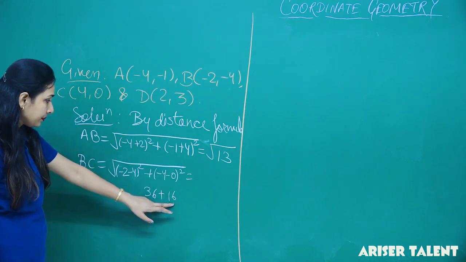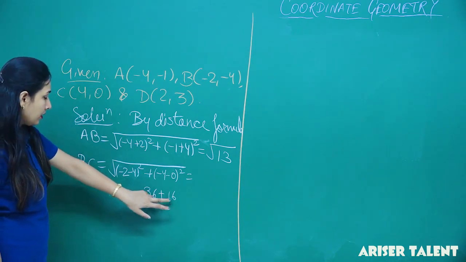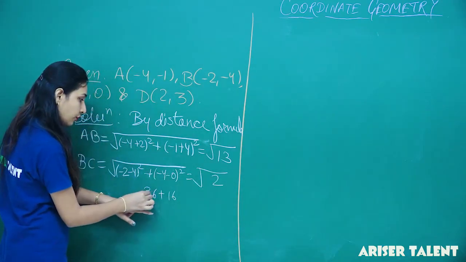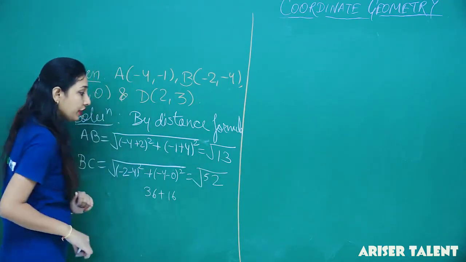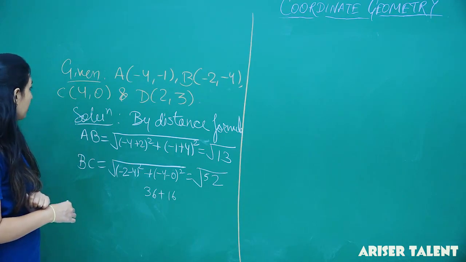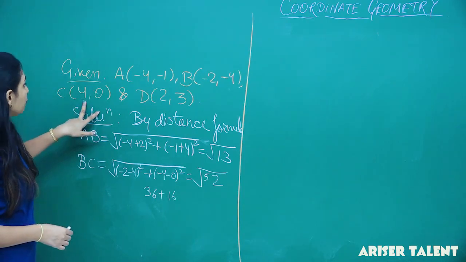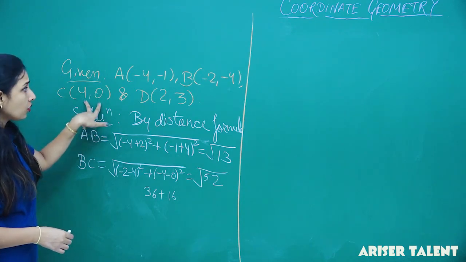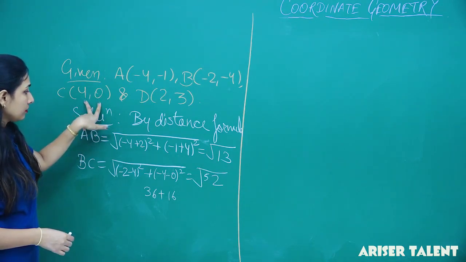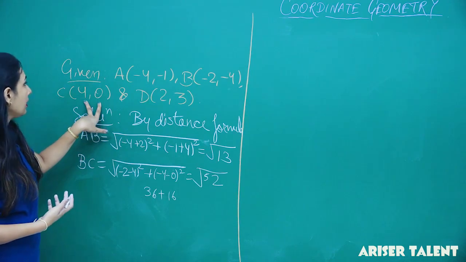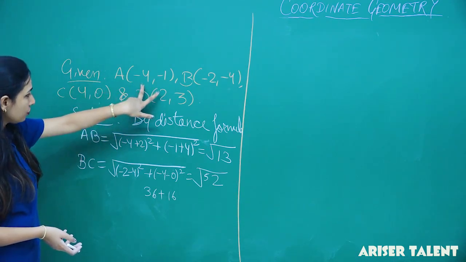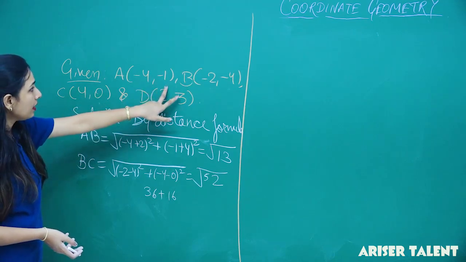So that will be root of 52. B is (-2, -4) and C is (4, 0). Here 16 and 36, and for the other, minus 4 minus 2, so 2 square, and minus 1 minus 4.